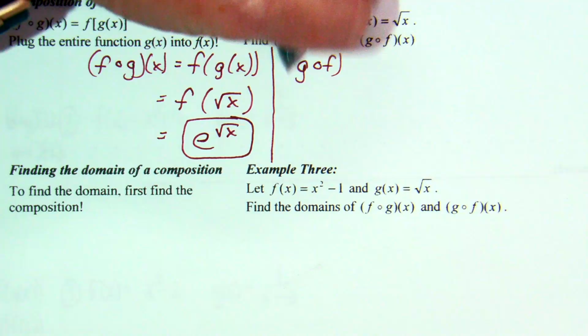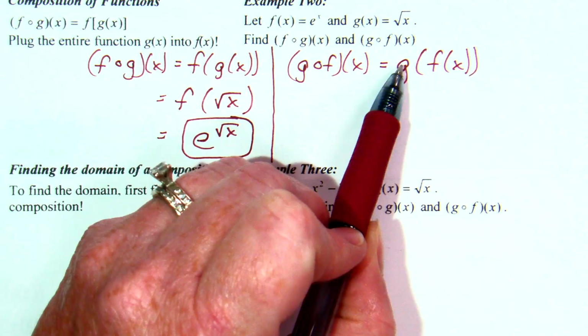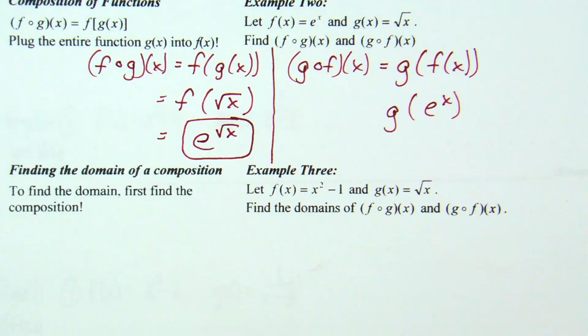So what does this mean? Okay, so f has to go into g. What is f? e to the x. So e to the x has to go into g. If you want to write it as g of e to the x, you can.